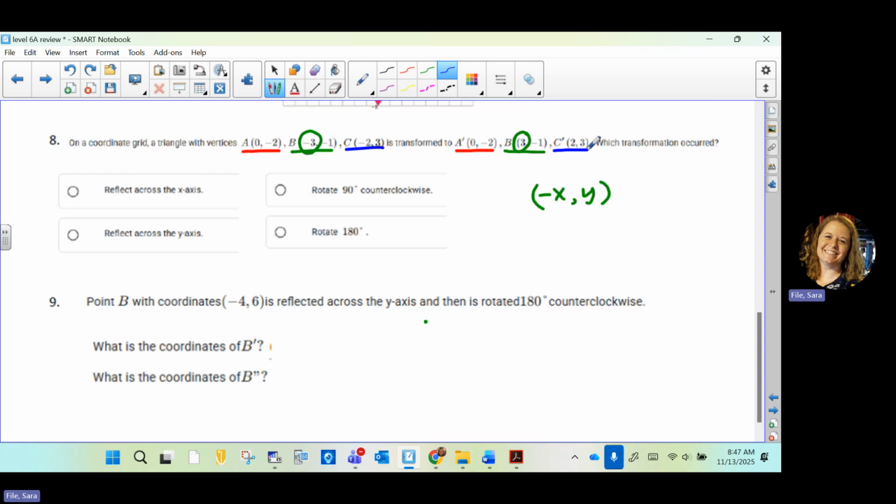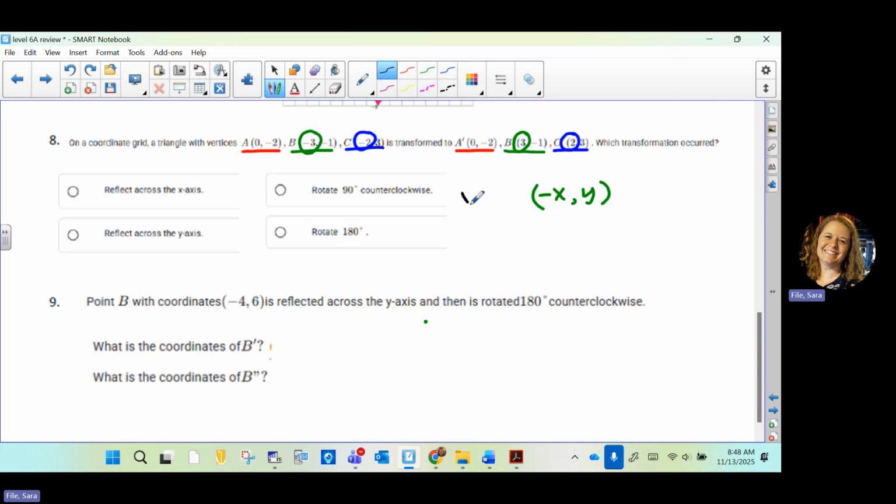C to C prime, just double check it. Did the x change sign and the y stayed the same? Yep. The reason A didn't is because x was 0 and 0 doesn't have a sign. So that's why A looked like there was no change. But in all the other points that weren't at 0, the x changed signs, the y did not.